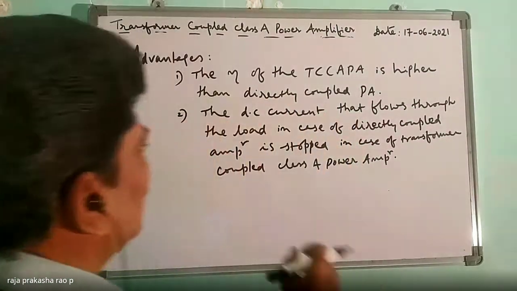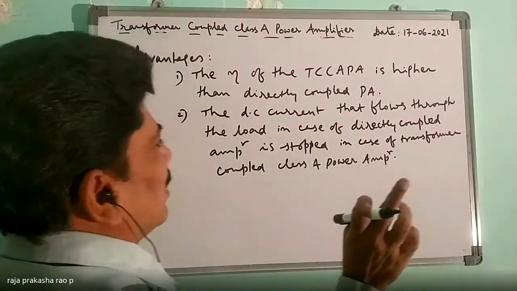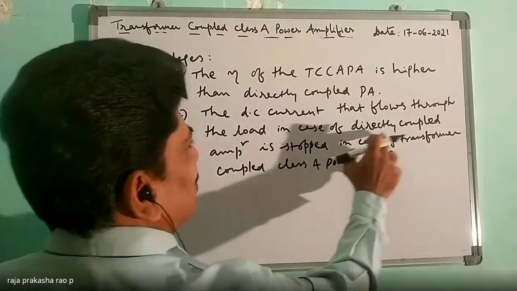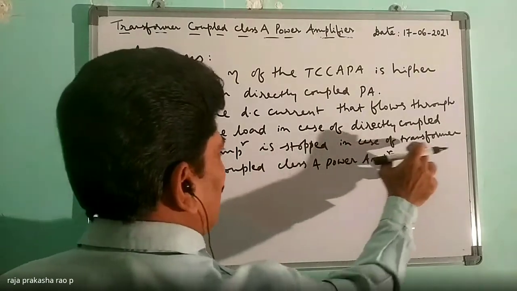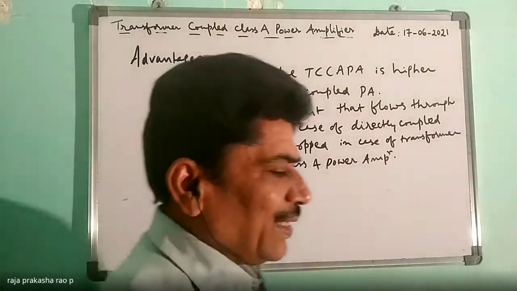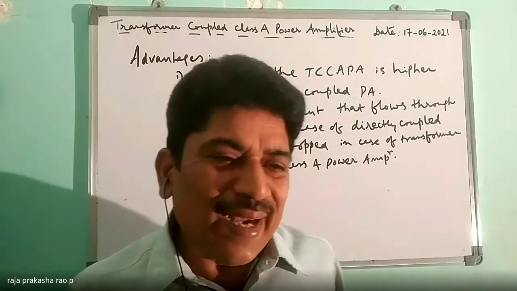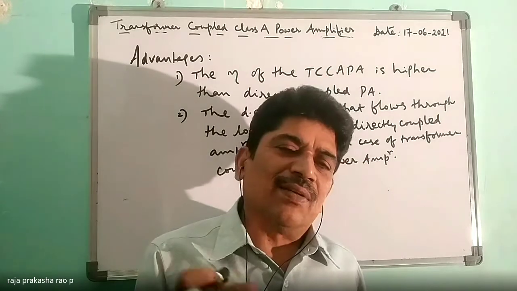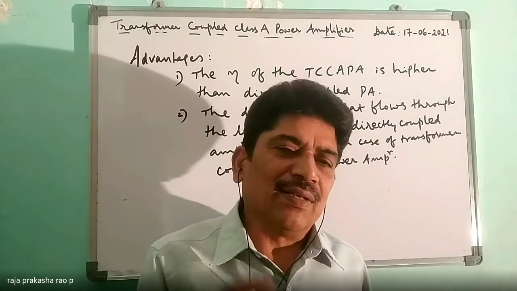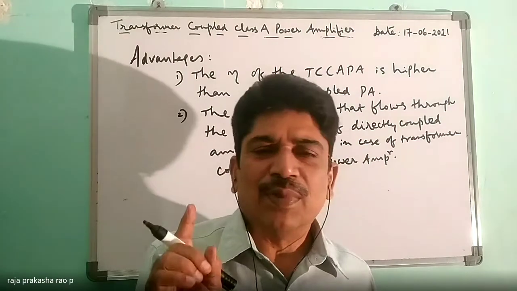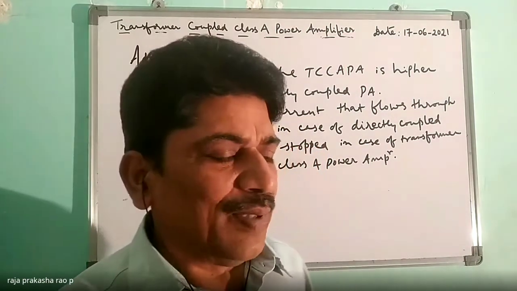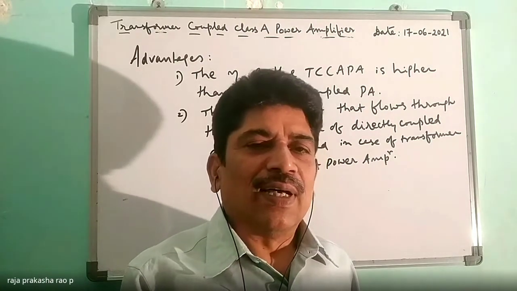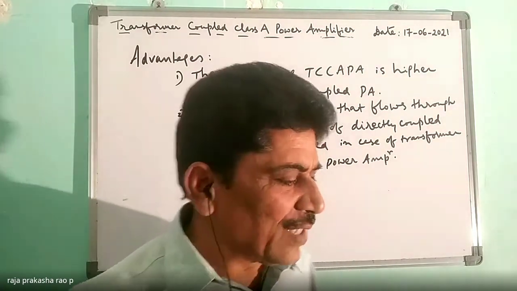So the DC current cannot flow through the load resistance. That is the meaning here: the direct current which comes from the source voltage VCC cannot pass through RL in the transformer coupled class A amplifier. Why? Because the load is connected to the secondary of the transformer, not in the collector circuit. That is the second point.